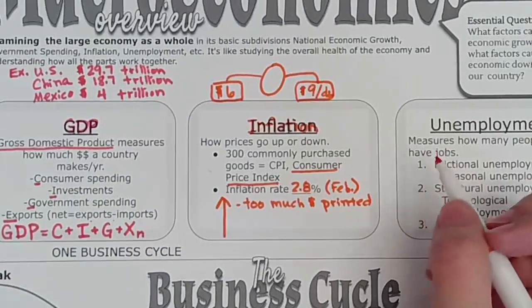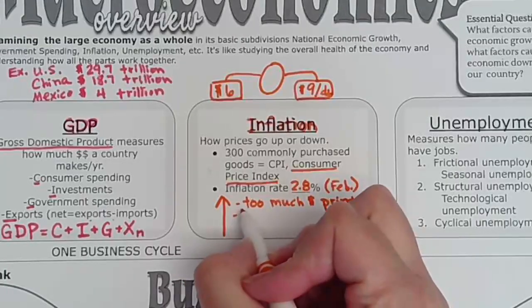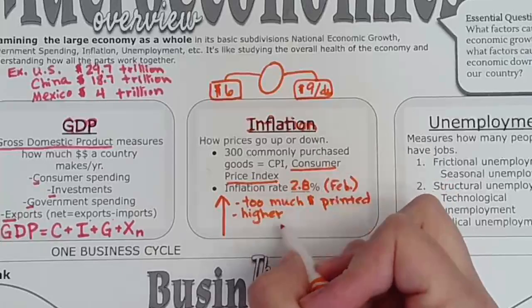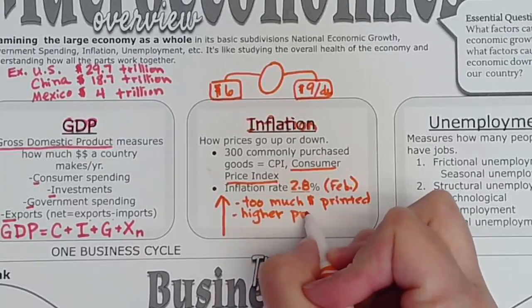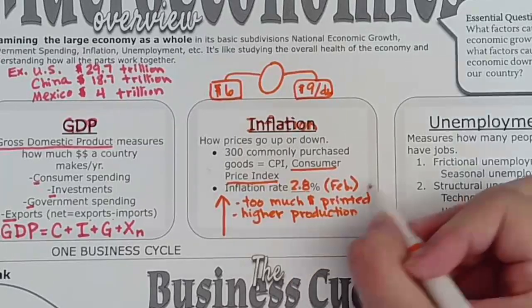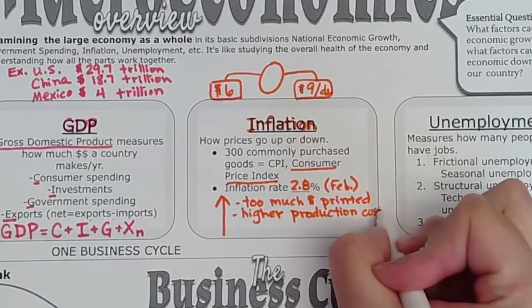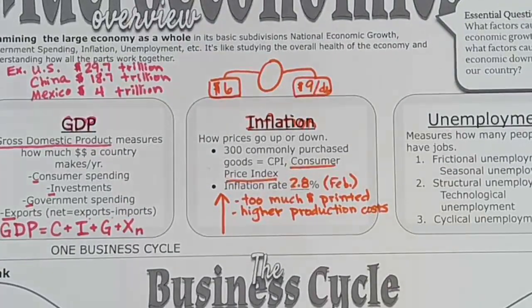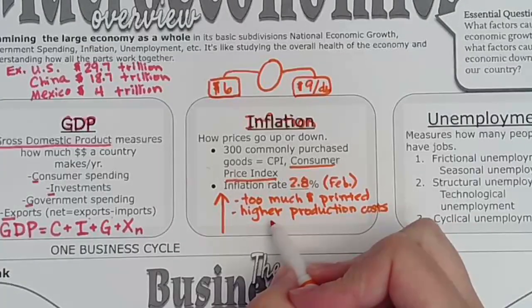Okay. Another reason for inflation to go up is that we have higher production costs. If it costs more money to produce something, for example, if somebody raises tariffs and it costs more to get the things you need to make your product, that might get passed on to the consumer in the inflation.